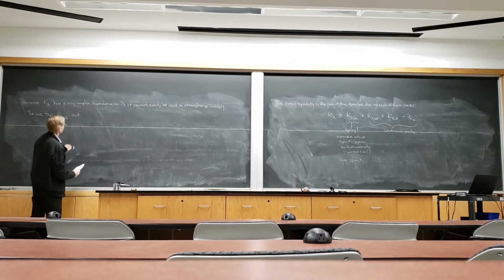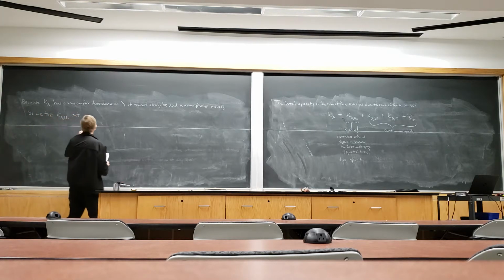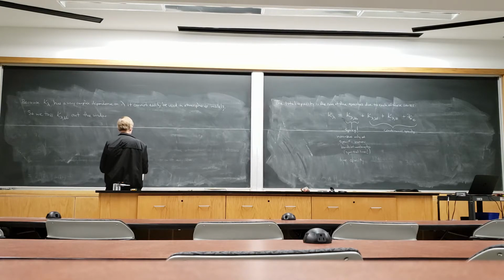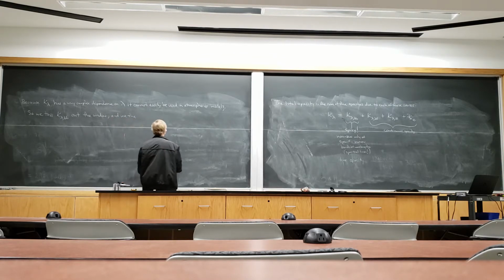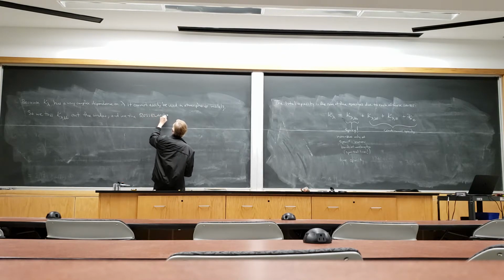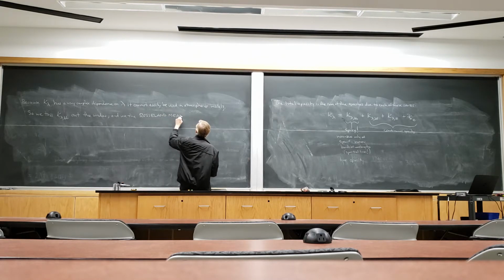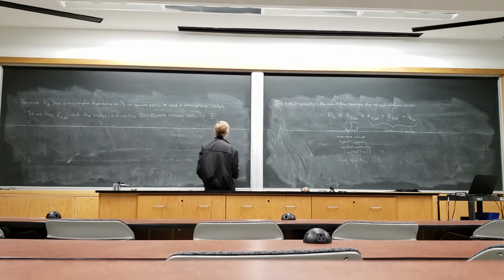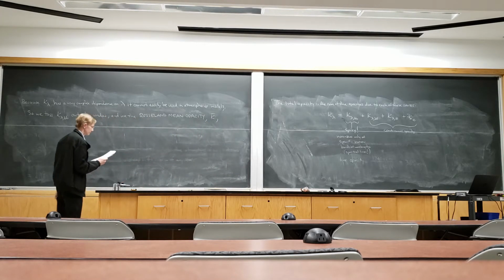So we toss kappa lambda out the window. Be gone. And we use what's called the Rosseland mean opacity, which we call kappa bar, that represents a type of average.